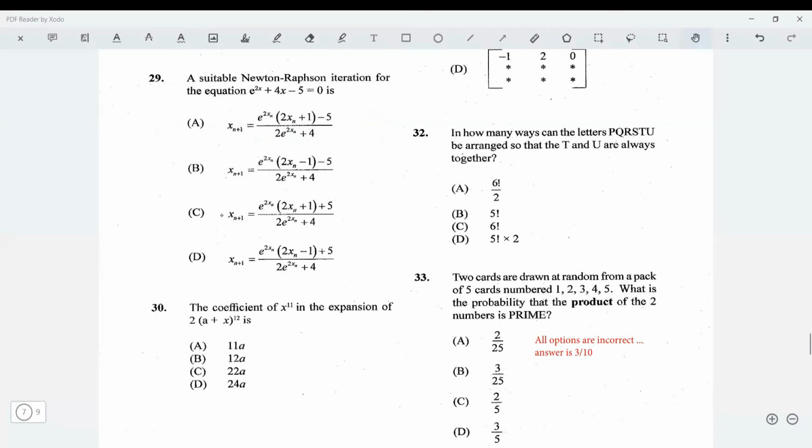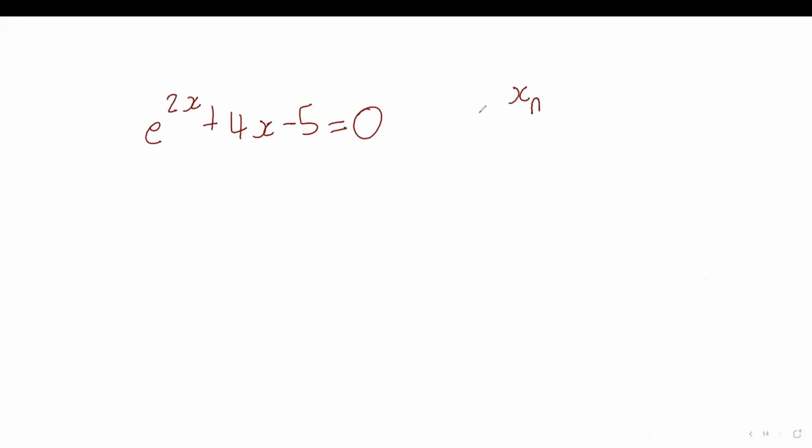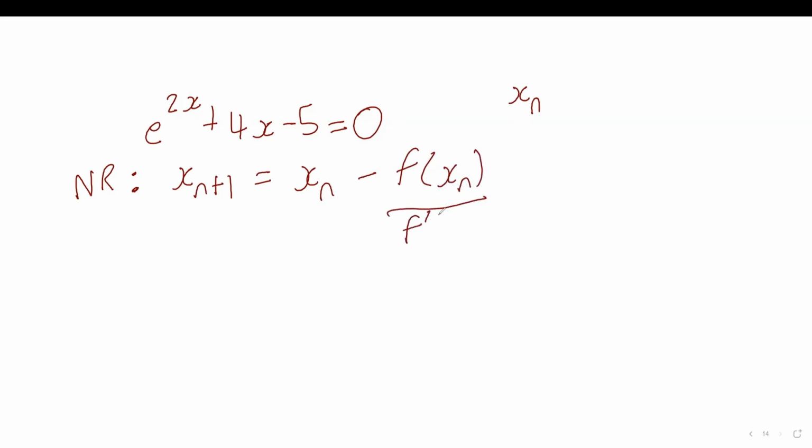They didn't give us any, so in this case, we're going to call our first iteration xn. So using the Newton-Raphson method, remember that xn plus 1 is equal to xn minus f of xn over f prime of xn. You have to remember that formula.